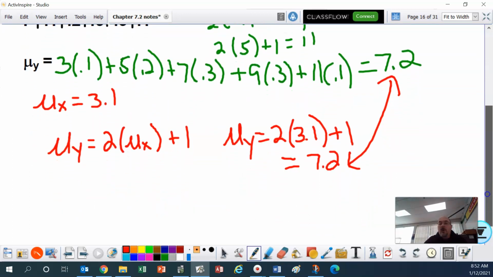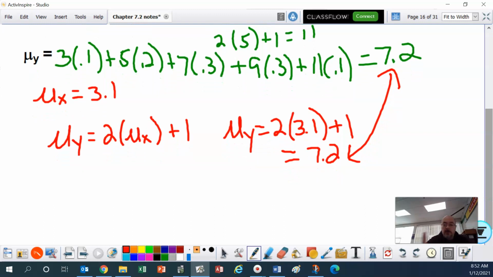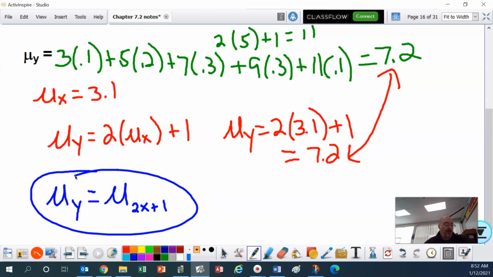Now, a little bit more on notation, folks. So the expected value of y equals, okay, this is the correct notation for this. We would write the expected value of 2x plus 1. So that's what that looks like, which means now I'm going to flip this around again.